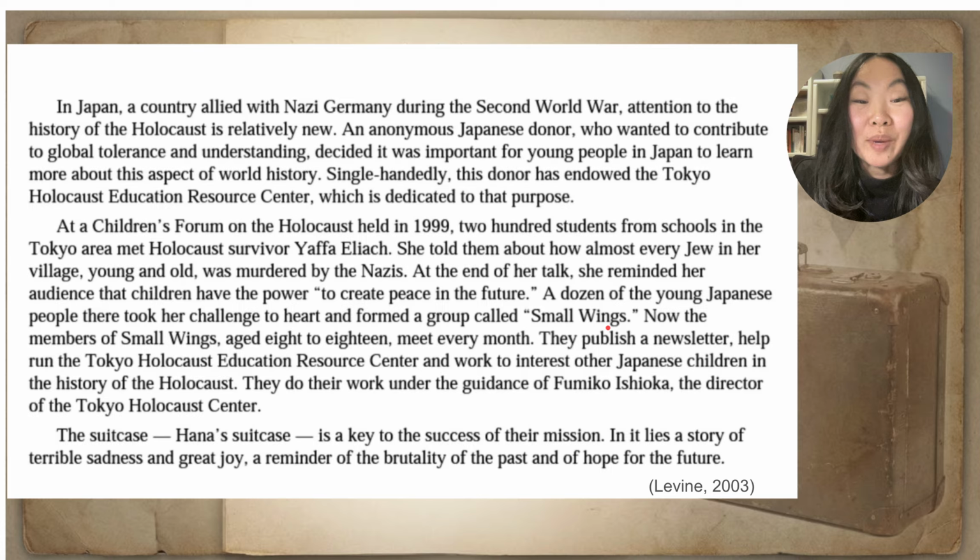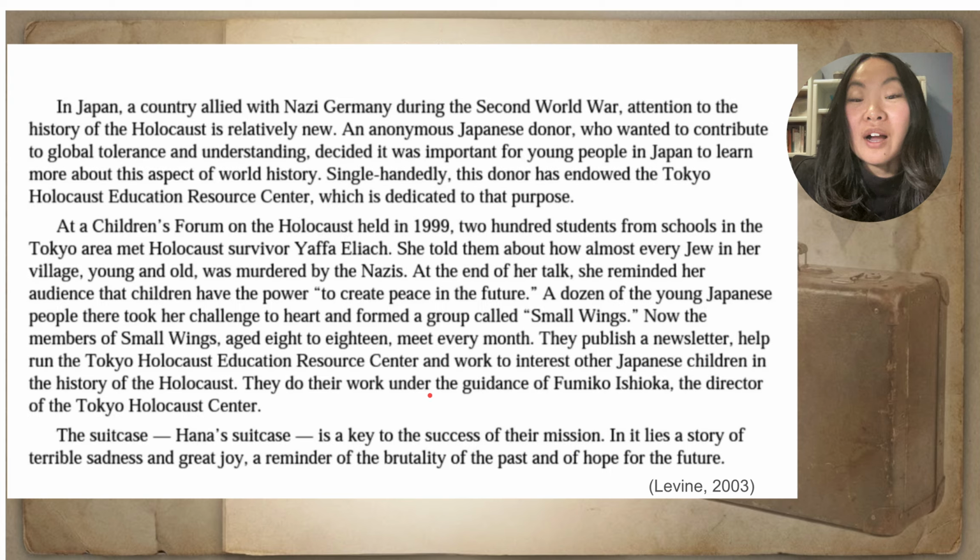Now, the members of Small Wings, aged 8 to 18, meet every month. They publish a newsletter, help run the Tokyo Holocaust Education Resource Center, and work to interest other Japanese children in the history of the Holocaust.